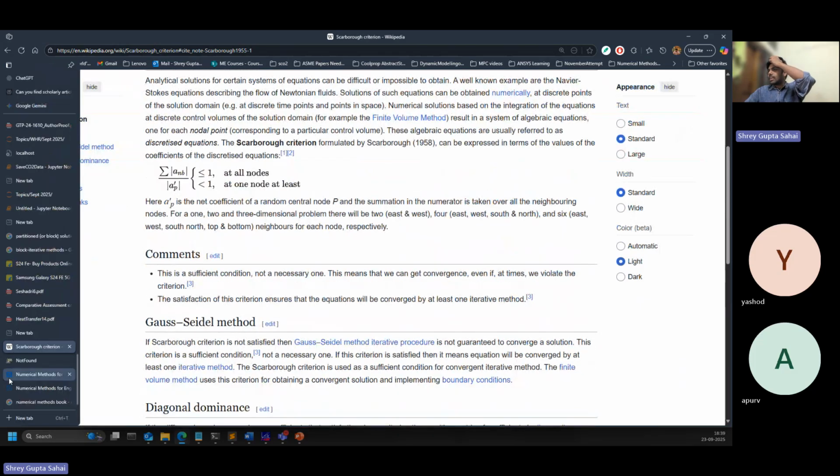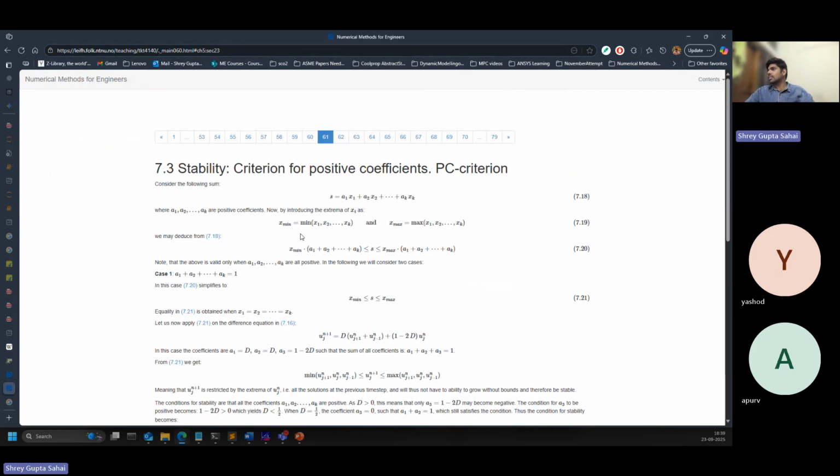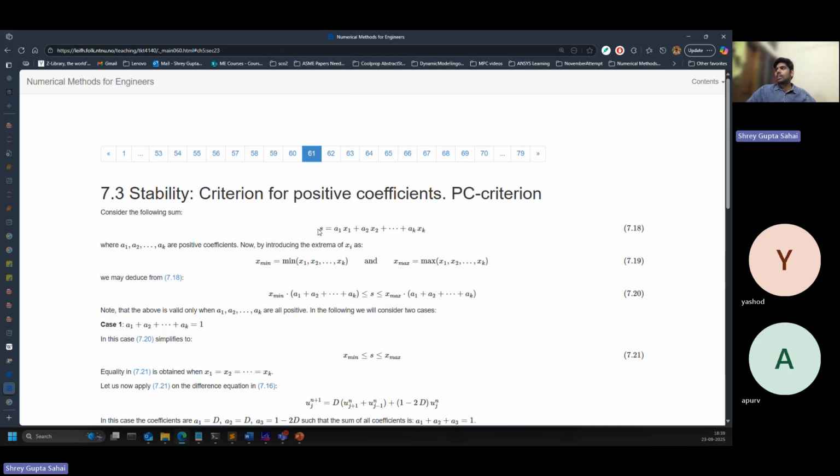As I was saying, let me show you, at least in principle, where this entire thing comes from with the help of the positive coefficient criteria. Essentially, we know that our partial differential equation will come in this format, with nodes. x is the unknown variable that we want to find out, and the a's are the coefficients.